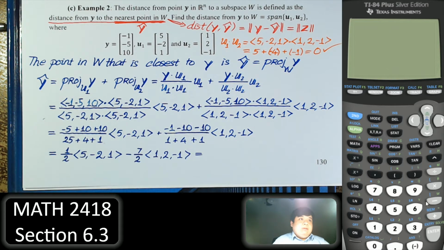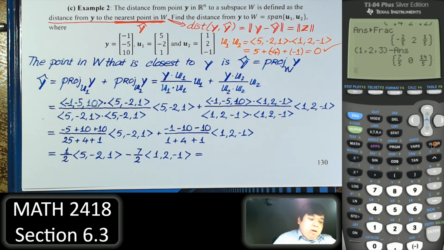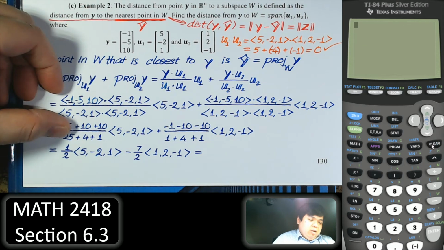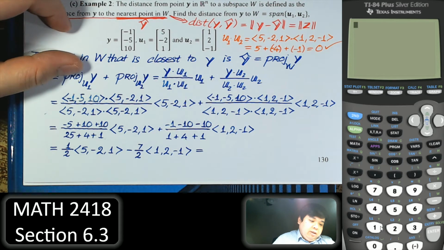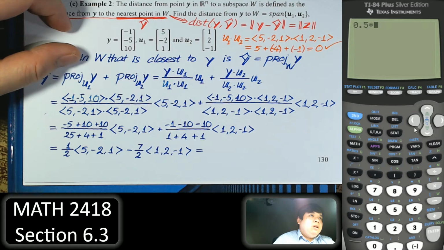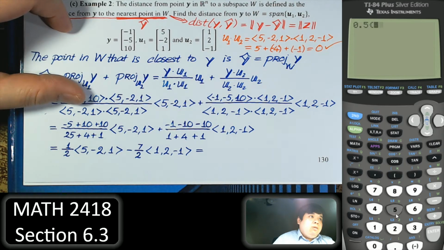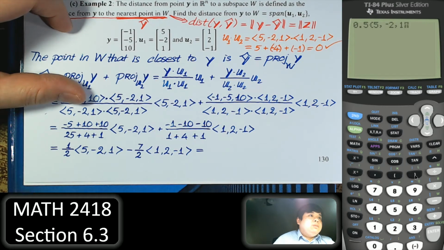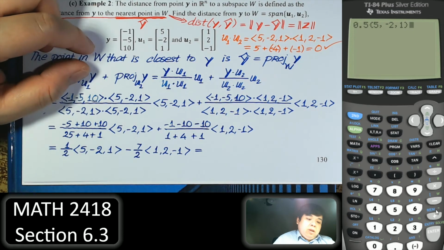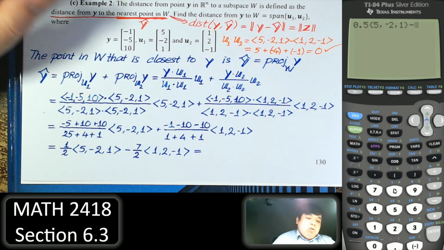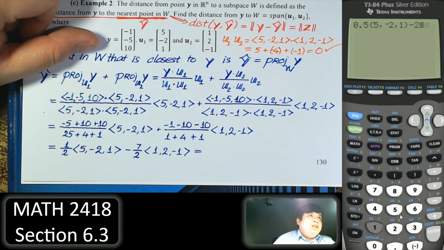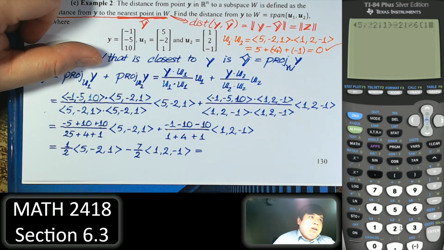Yeah, I'm just going to write this down. That is 15 over 30, that's 1/2, times 5, negative 2, and 1, minus 21 over 6 times the vector 1, 2, negative 1.